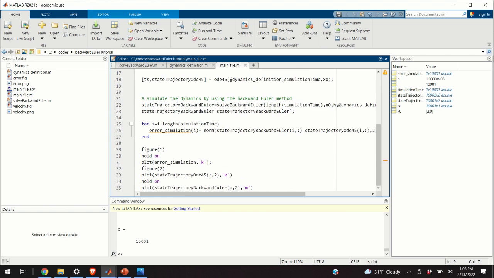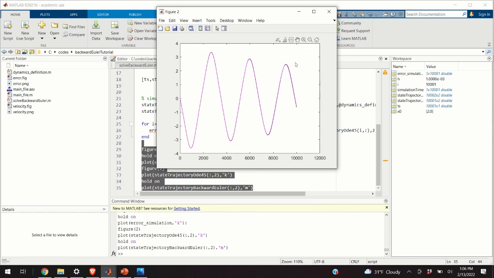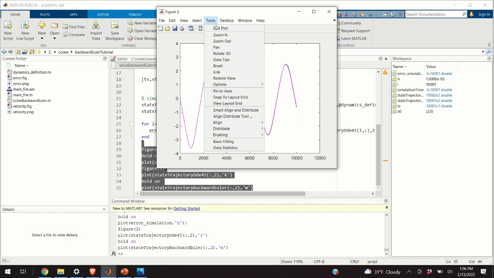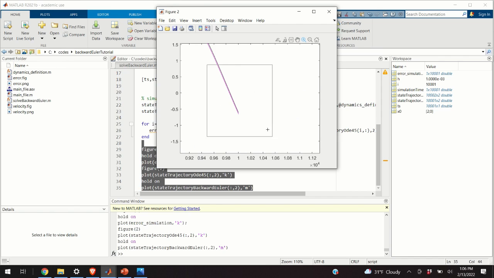So let's see what are the results now. Let's see what happens. Here you can see the trajectories. The magenta is the trajectory computed by using the backward Euler method, and the black line is the trajectory obtained by using ODE45.